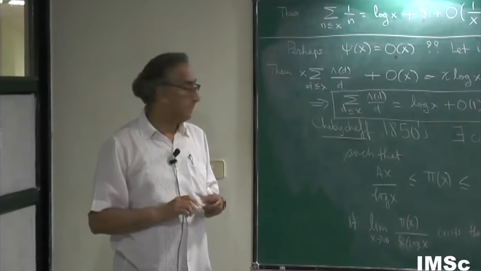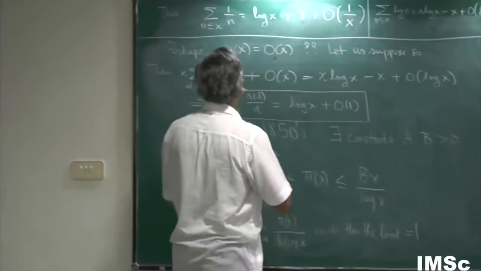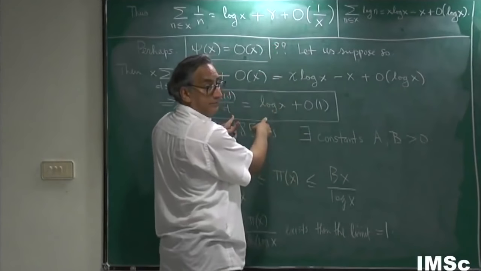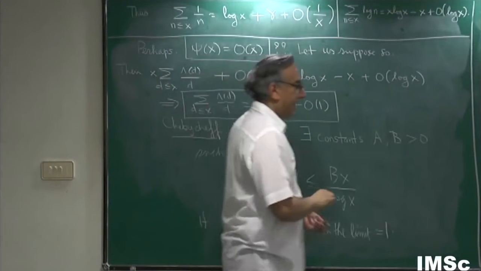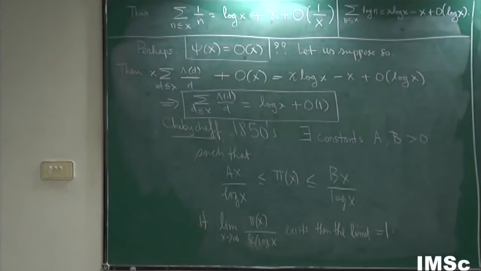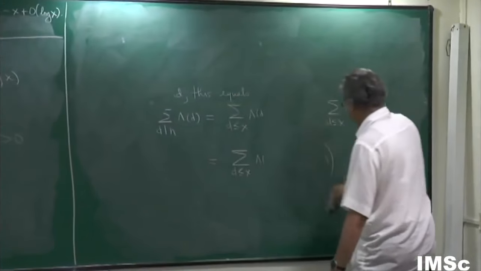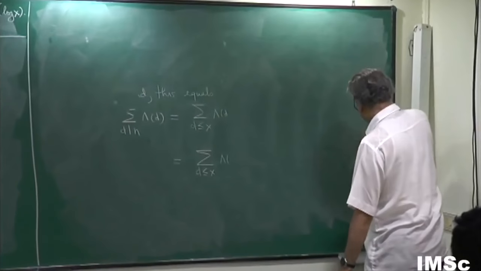Okay, from that. So the only question is, what about this? Because I assumed this in order to get here. And let's see how Chebyshev did that. Very clever idea.